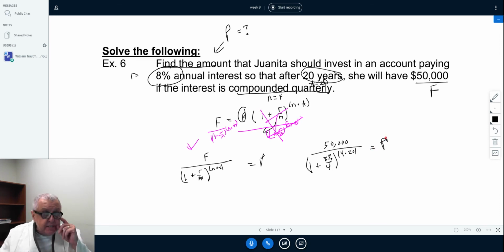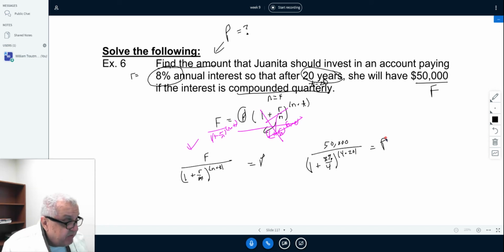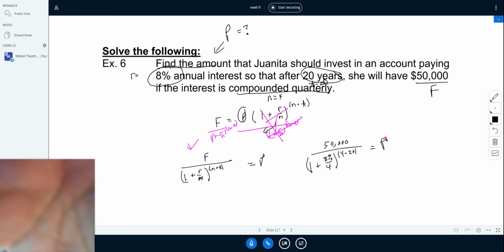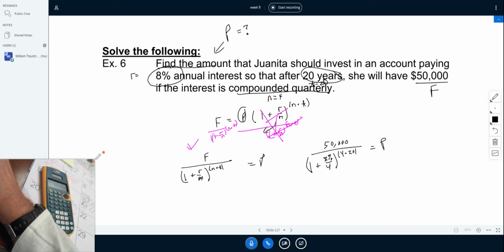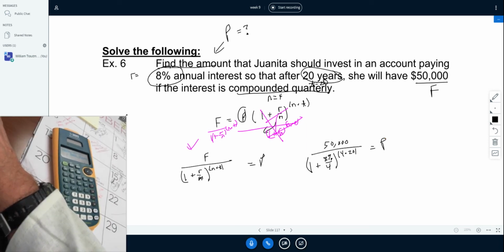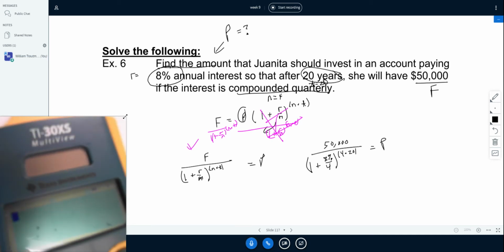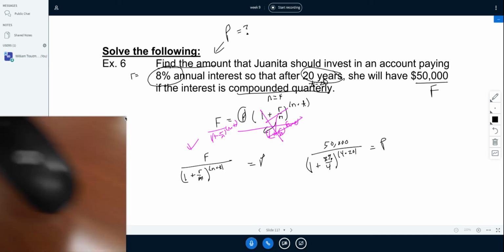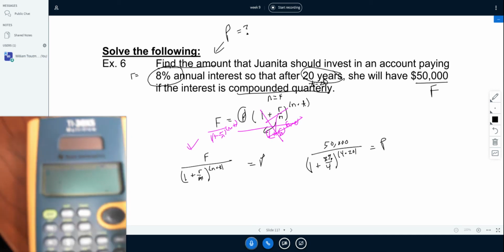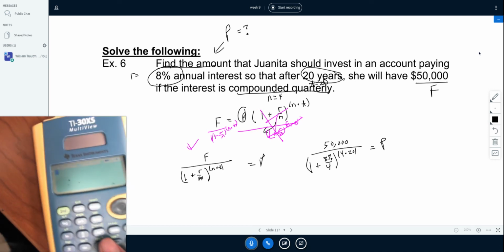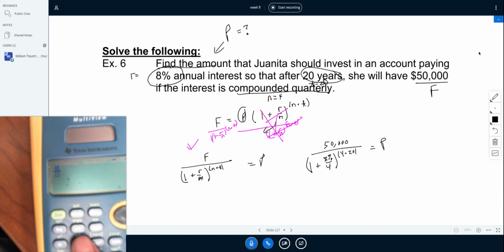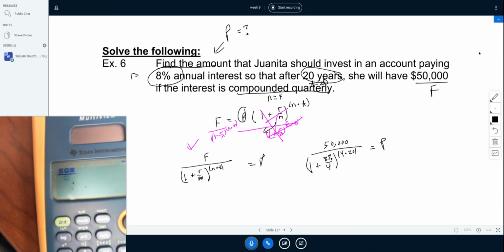So I'm going to plug this into my calculator, and you have to be very careful with this. So many people in my class messed this up, you have to practice typing this in and getting it correct. First, I type in the fraction button, and on top, I just have $50,000.